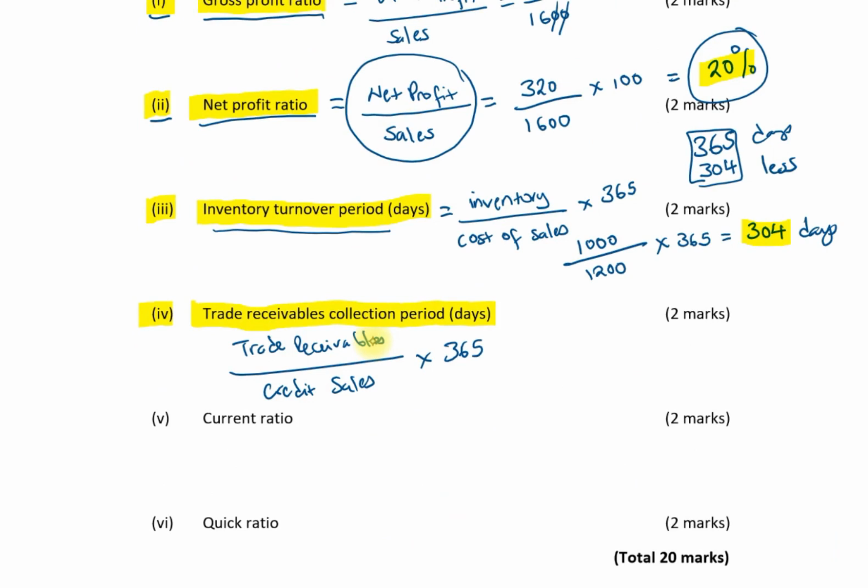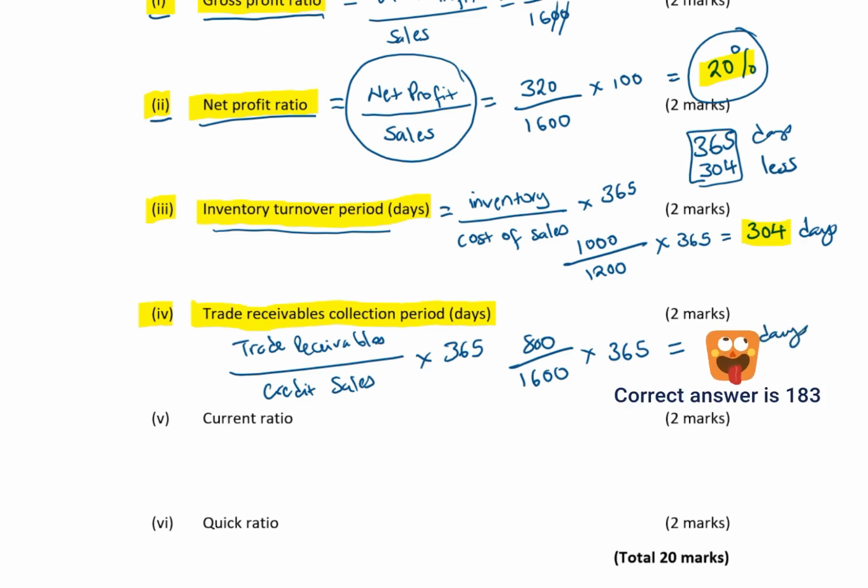So we substitute. Trade receivables is 800, divided by credit sales, and we multiply this by 365. When you calculate properly, our answer is going to be 137 days, which is about 4 months, isn't it?